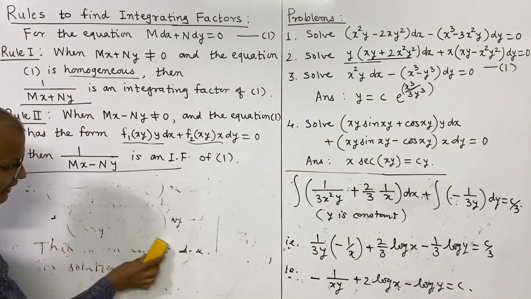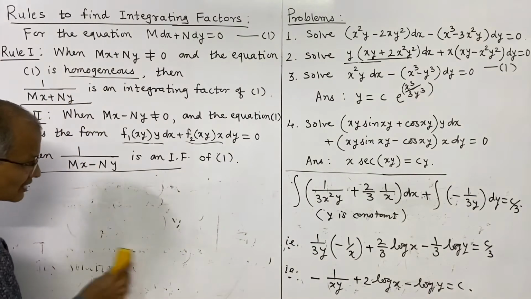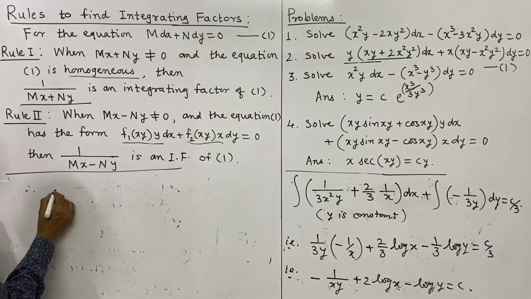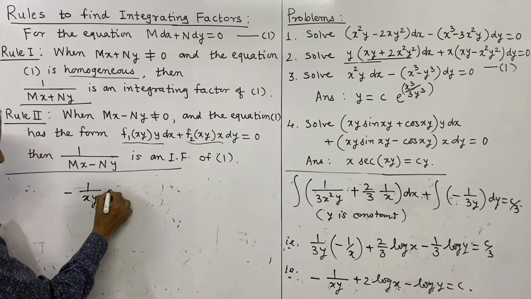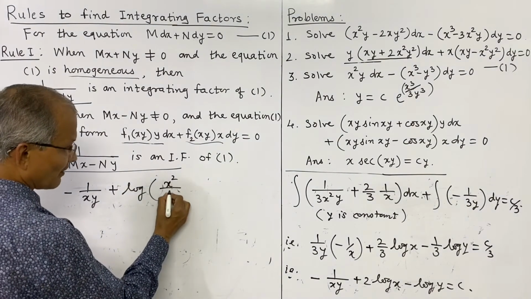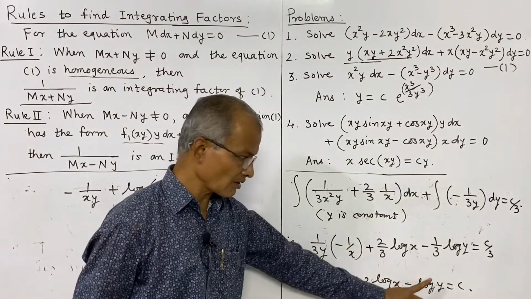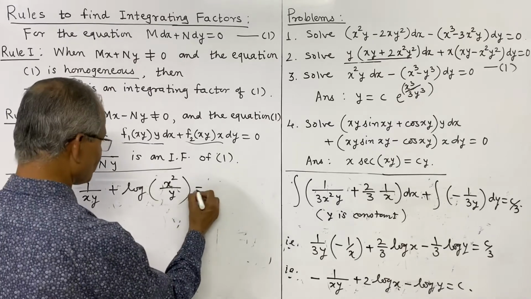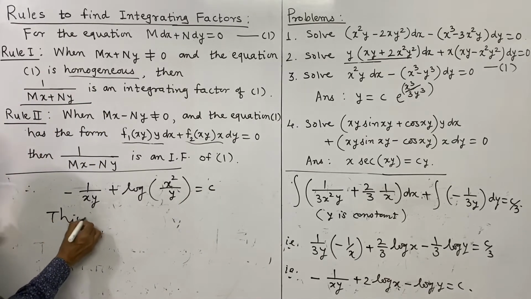First is log of x square minus log y, and that can be written as minus 1 upon xy plus log of x square divided by y, using the law of logarithm. Log of x square minus log y, log of x square upon y is equal to c. So this is the general solution.